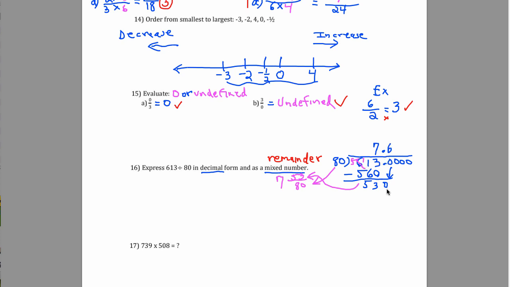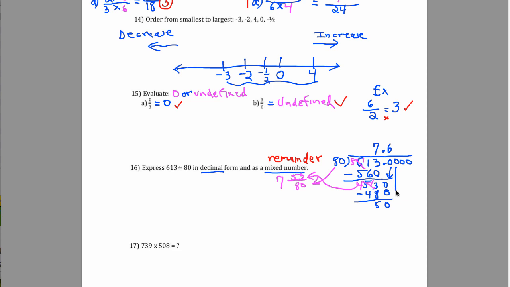So 6 times 0 is 0, and 6 times 8 is 48. We'll subtract. 0 take away 0 is 0. And once again we have to borrow. So take 1 away from 5 to get 4. Put a little 1 here. So 13 take away 8 is 5.